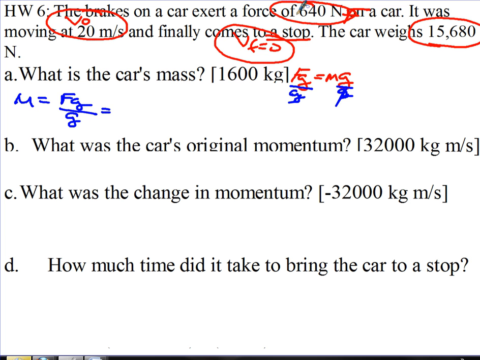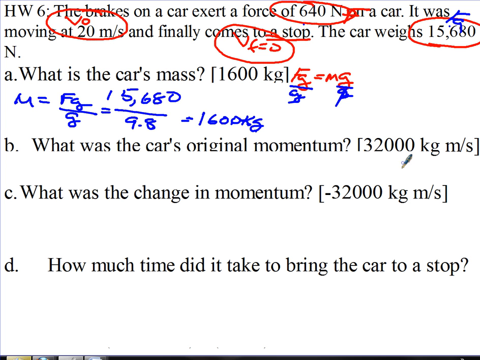Now, remember, 640 newtons is the braking force; 15,680 is its weight. So 15,680 newtons divided by 9.8 gives me a mass of 1,600 kilograms. As with the last unit, we always need to be finding the mass.